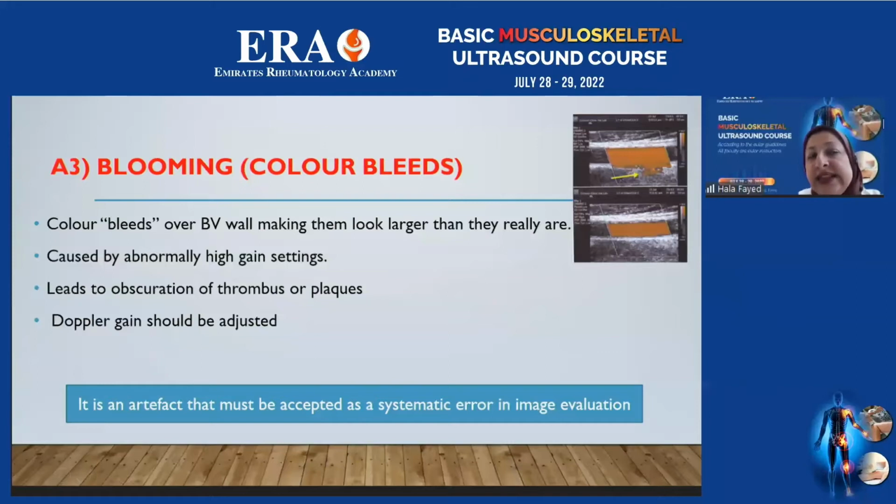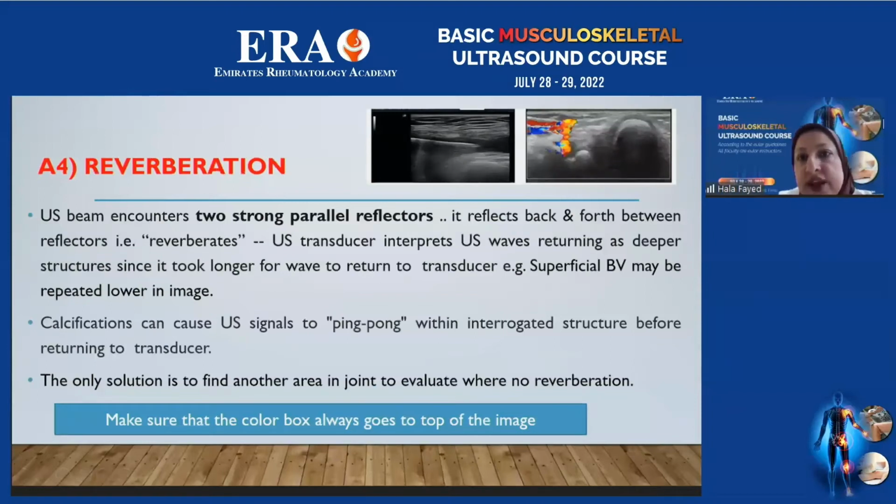It is actually an exaggeration of the previous artifact, so exaggerated noise will lead to blooming. If you don't know about it, you may mistake it for a thrombus, and adjusting the gain is the solution for this artifact.